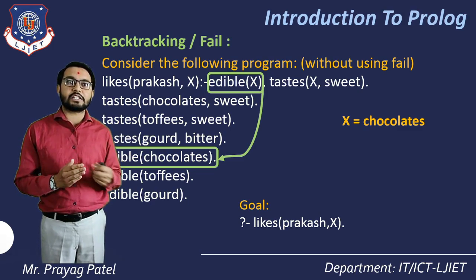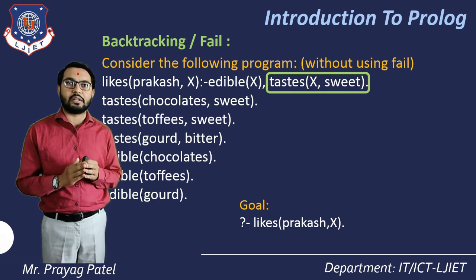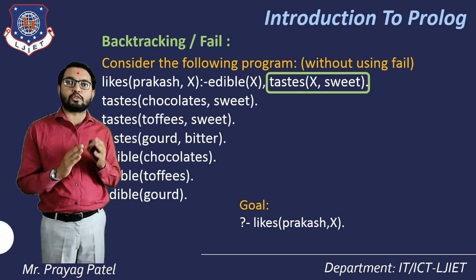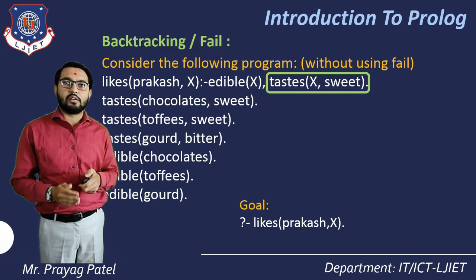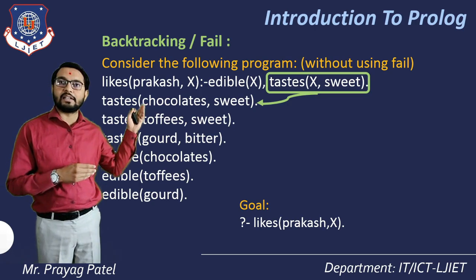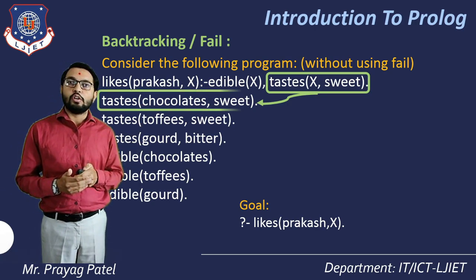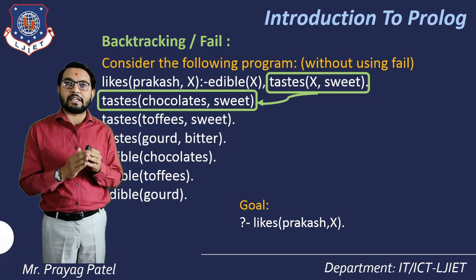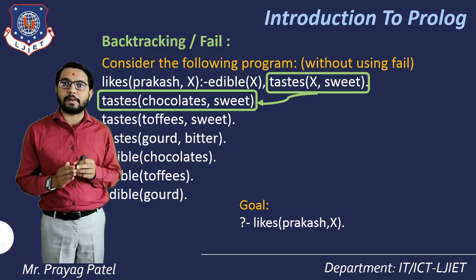Now check the next statement. The next statement is taste X sweet. We already discussed that the value of X equals chocolate. So match the rule taste chocolates sweet. Here this rule matches as the second rule, taste chocolates sweet. So this rule is satisfied. So we can say that the first, edible X, is satisfied and the second, chocolate taste sweet, is satisfied.